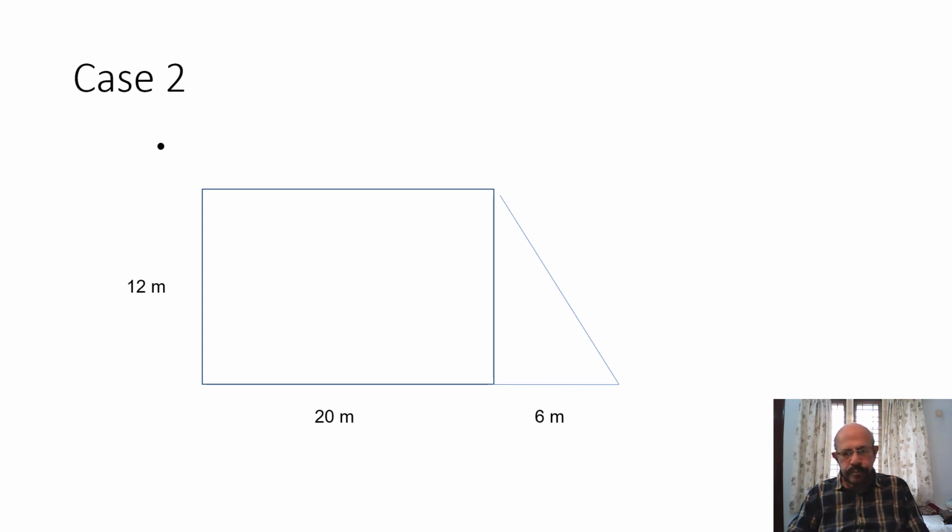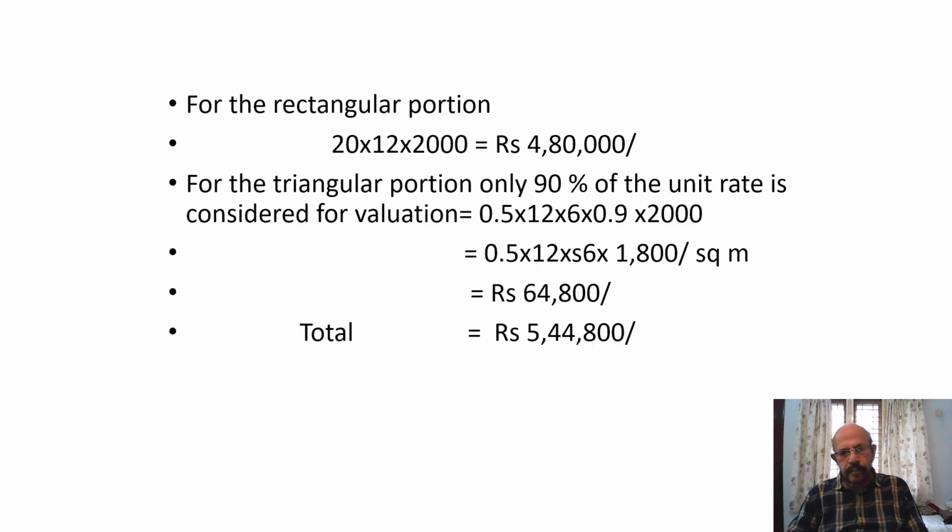Case 2. This plot consists of one rectangle-shaped portion, 20 meters by 12 meters, and a triangle portion with one side 6 meters and the other side 12 meters. For the rectangular portion, the full unit rate is given. So 20 into 12 into 2000 is equal to 4,80,000.